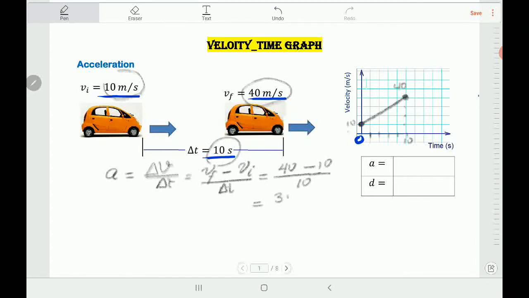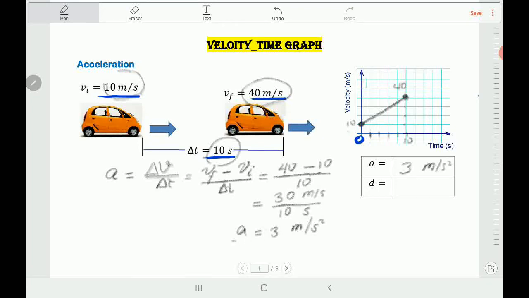It's equal to 30, divided by 10 seconds. It's better to use the units. That's 30 meters per second. Why? It's the difference between two velocities. And the unit of the time is second. So now we have 30 over 10 is equal to 3 meters per second squared. So the acceleration is equal to 3 meters per second squared.